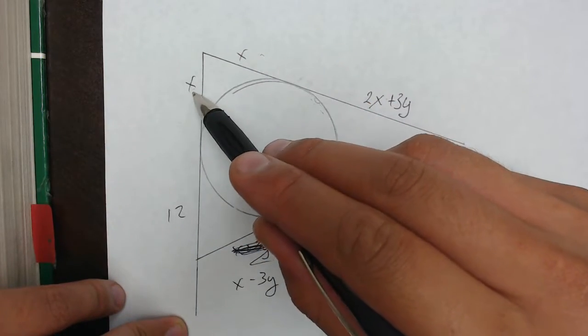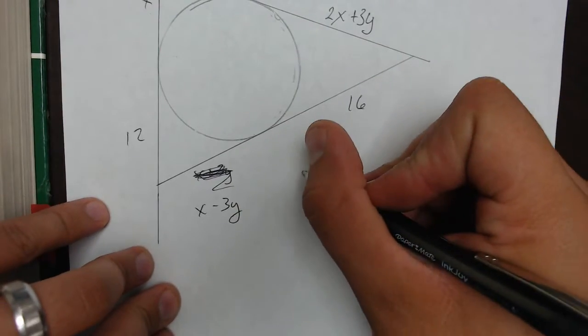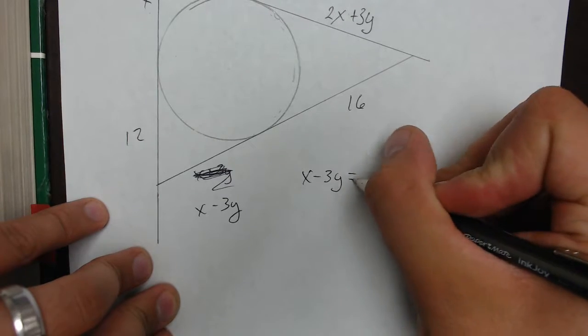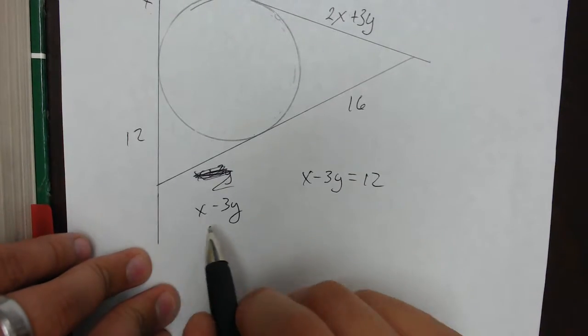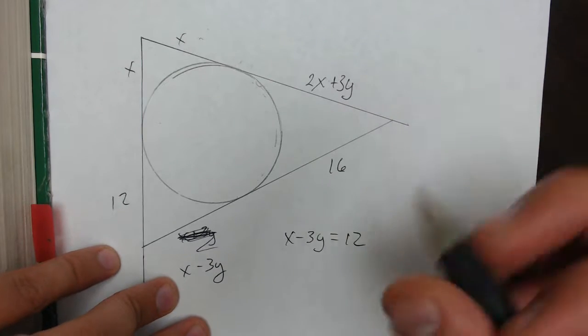So like you can see here, x is equal to x. Down here, you could say that x minus 3y is equal to 12 right here. And then you could also say right here that 2x plus 3y is equal to 16.